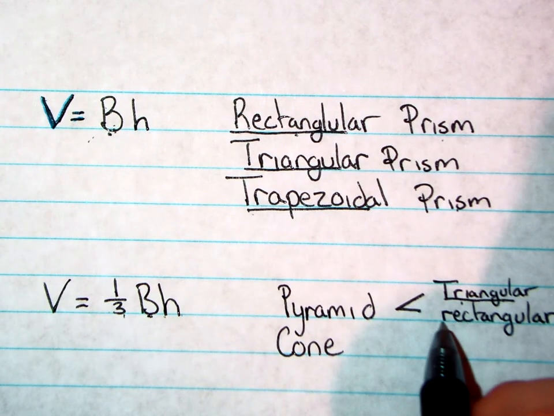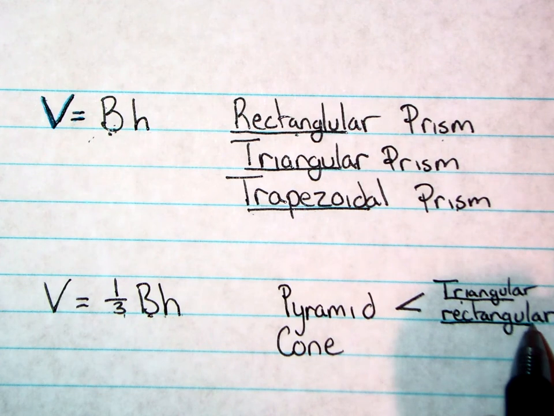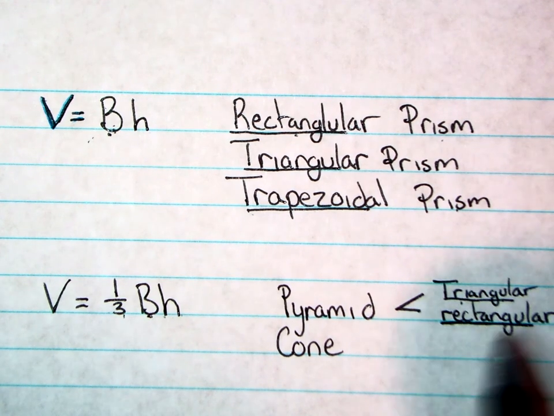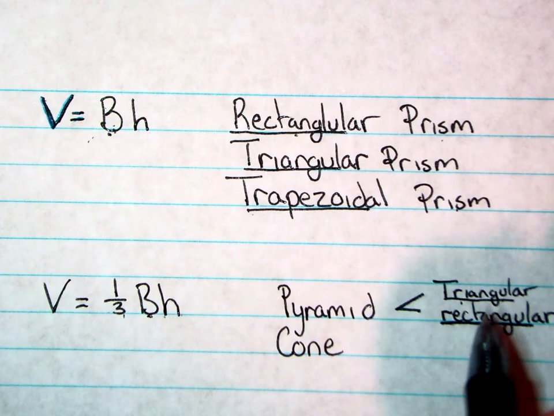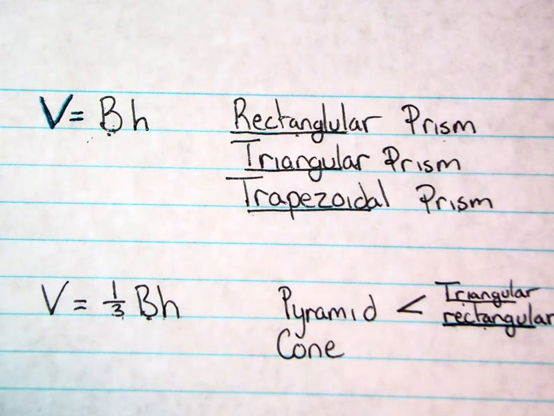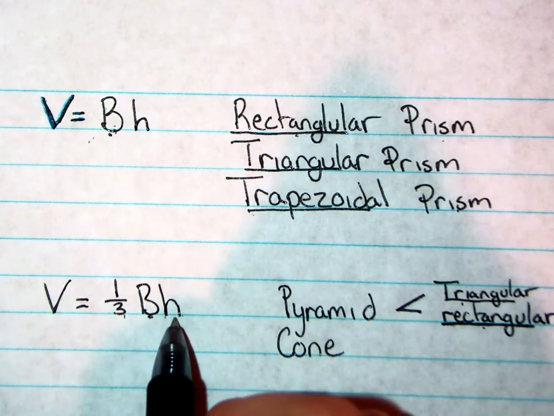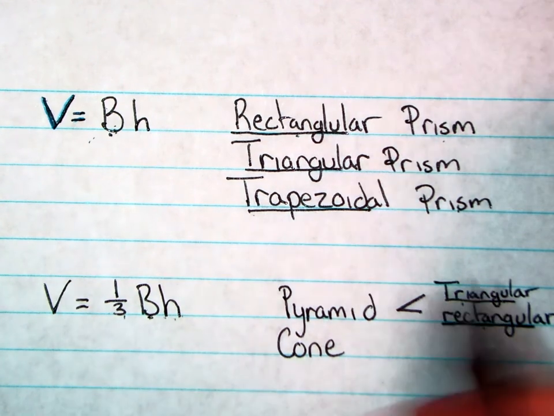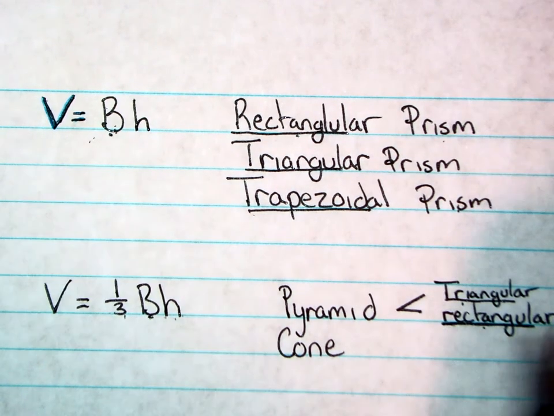If I have a rectangular pyramid, then my base will be the shape of a rectangle. So I will simply find the area of the base, using the formula for area of a rectangle, multiply it by the height, and then multiply by 1/3 or divide by 3.